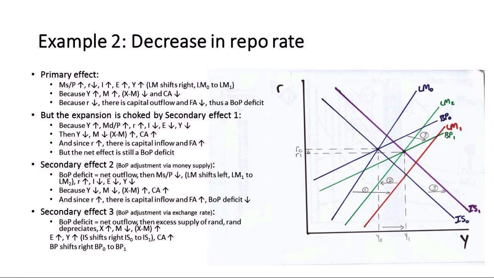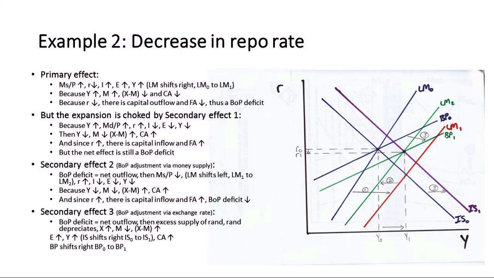Because interest rates increase, there's a capital inflow and the financial account position improves. And now you end up still having a balance of payments deficit, but that deficit is slightly smaller now. So that would put us at an equilibrium where we have still the original IS curve, but now LM2 over there. And we are still below and to the right of the original BP curve.